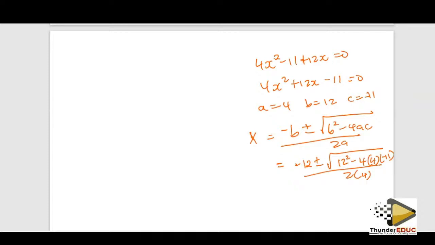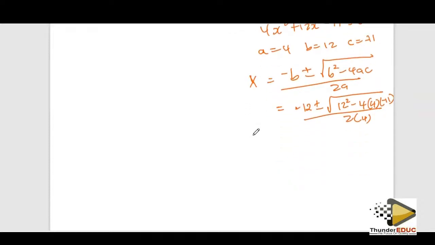You have the right to simplify whatever is under the root sign and then get the answer. So my first x value is going to be negative 3.74, or x can be 0.74. So those are the two values that we expected.